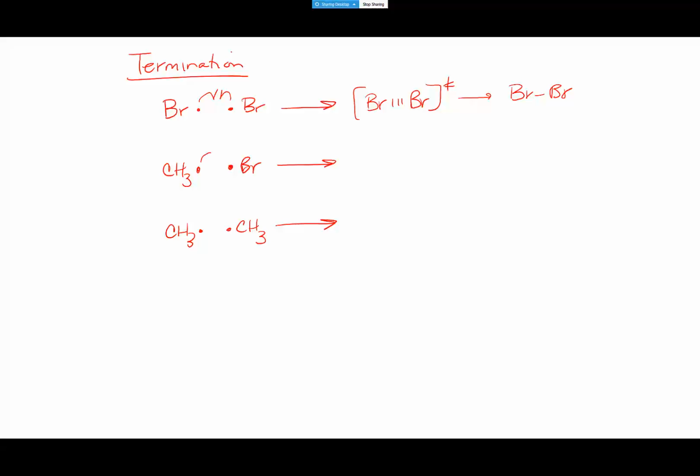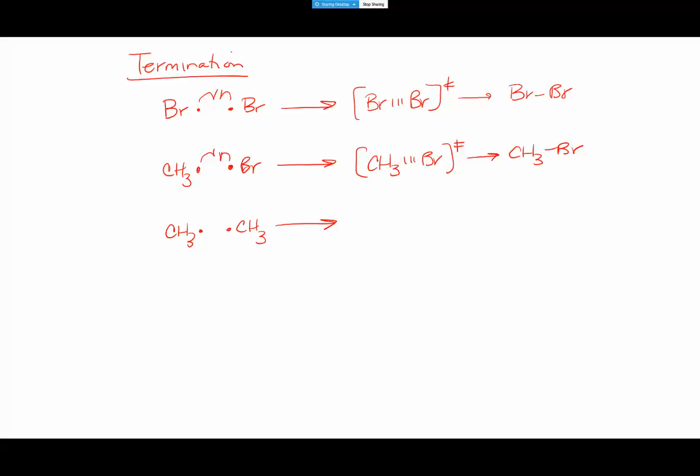The methyl and the bromine can come together. The transition state there is going to have a dotted line between the methyl and the bromine. And it's possible I can make product in that termination step. The third step is a new product.